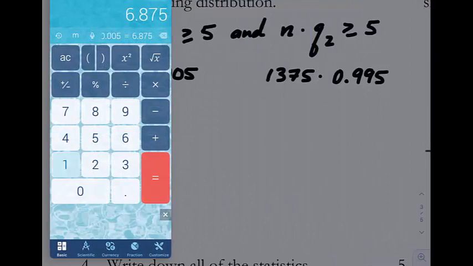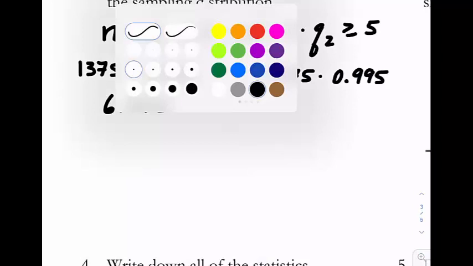Versus, for the other side, let's multiply 1375 times 0.995: 1,368.125.